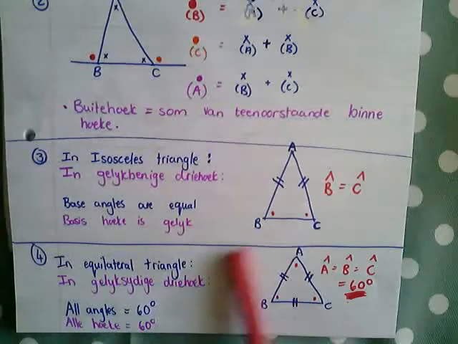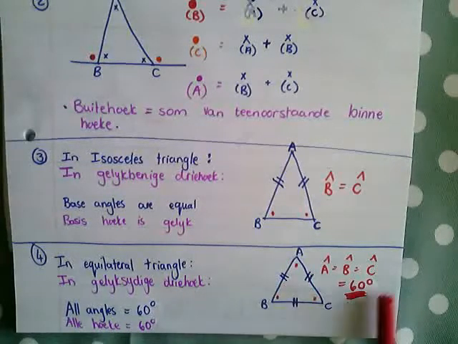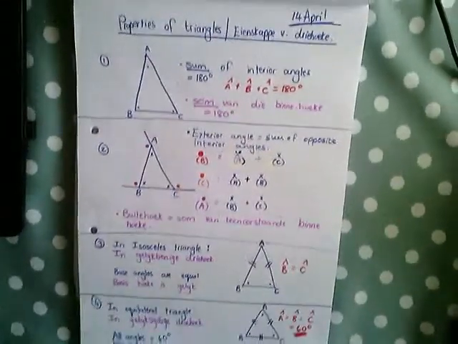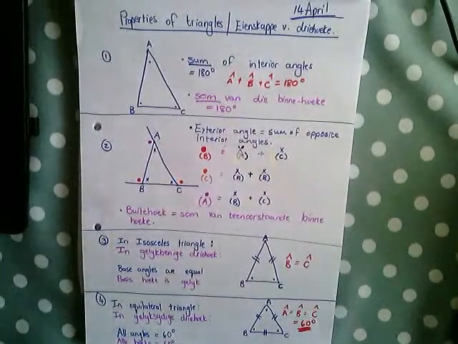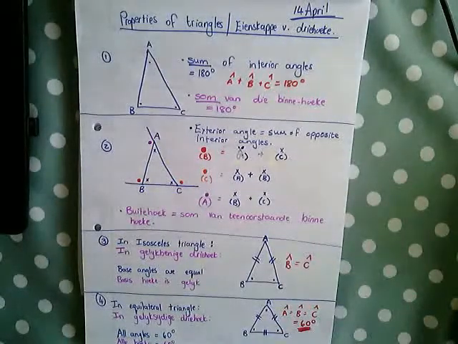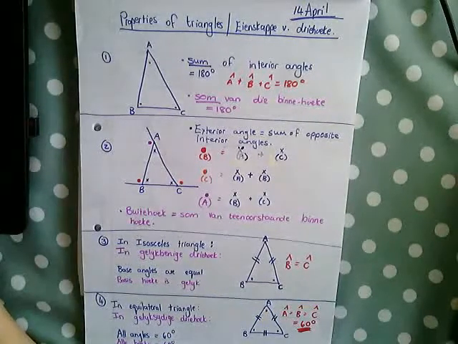So in an equilateral triangle where all the sides are equal, all the angles are also equal, and they are all equal to 60 degrees. Okay, so now we're going to take these 4 properties that we have here, and we're going to use them, all of them, combine them in the following DIY.